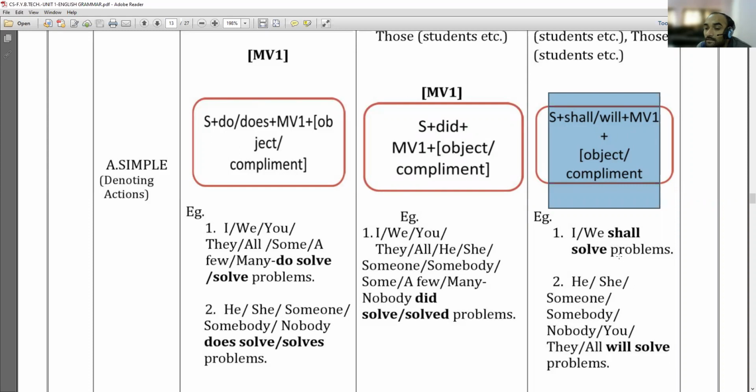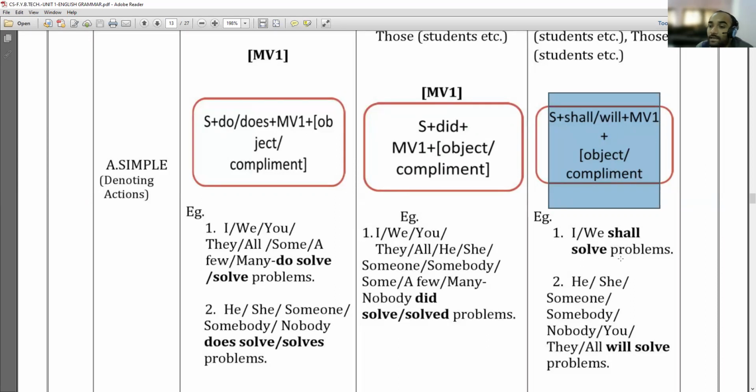This is the future, predicting the future or assuming the future. I shall solve problems. मी प्रश्न सोडवले असते किंवा मी त्याच्या समस्या आहेत त्या सोडवल्या असत्या. Or we shall solve problems किंवा आम्ही ते प्रश्न सोडवले असते.